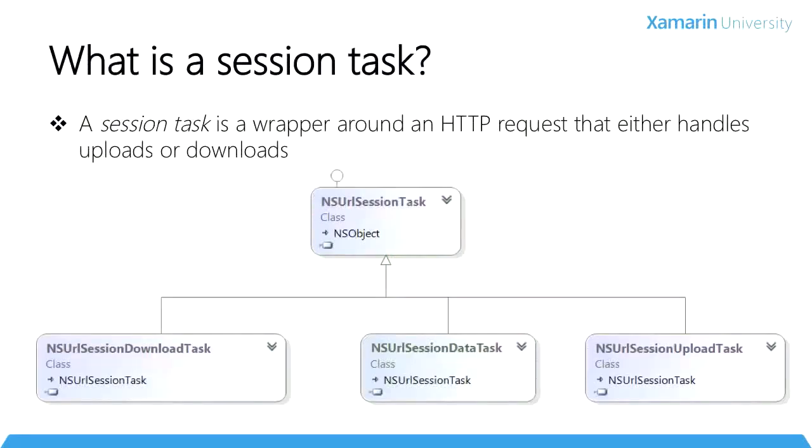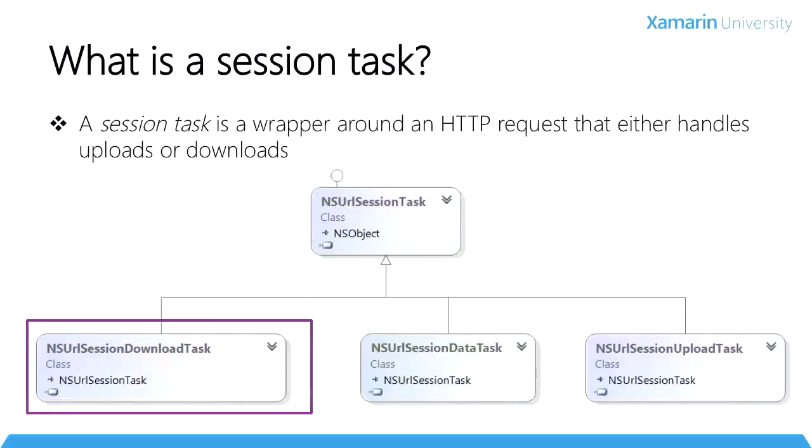Every download that we want to perform is represented by an NSURLSessionDownloadTask. All the tasks that are part of the NSURLSession API are subclasses of NSURLSessionTask. Again, we will pick the one that is suitable for our task here, that is downloading data.